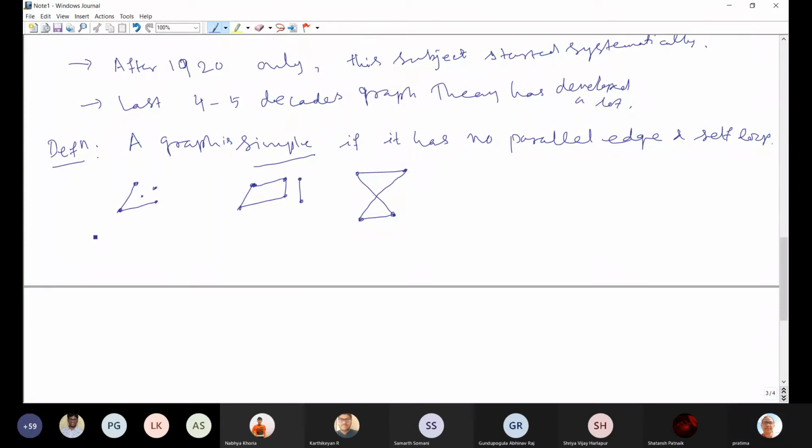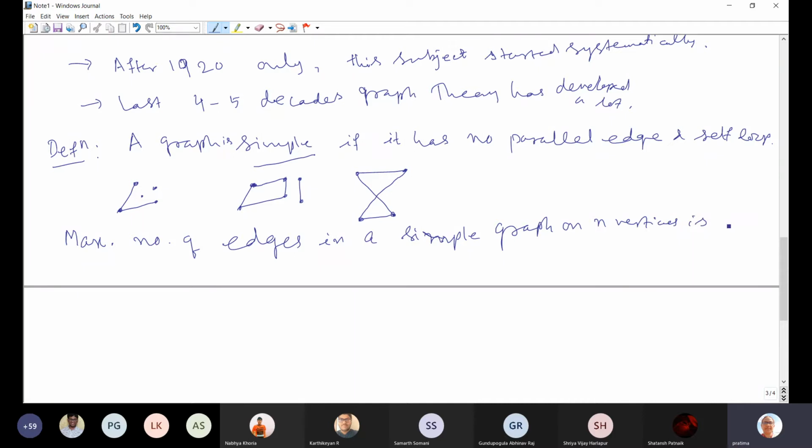So in a simple graph on n vertices, maximum how many edges can we have? Therefore, what will be the maximum number of edges in a simple graph on n vertices?